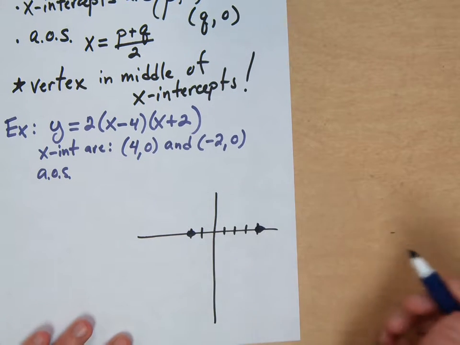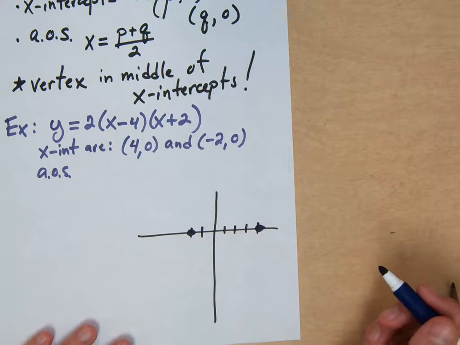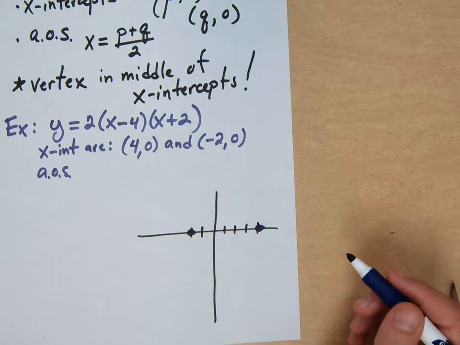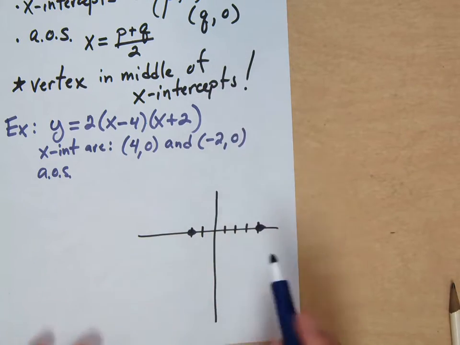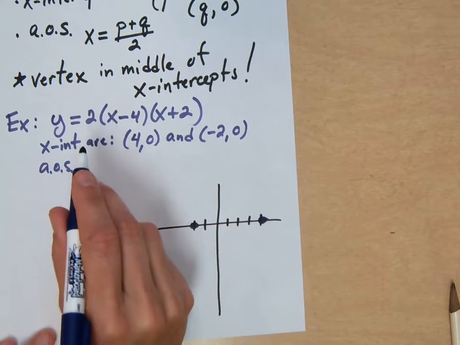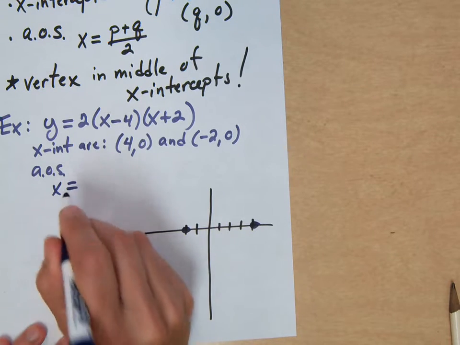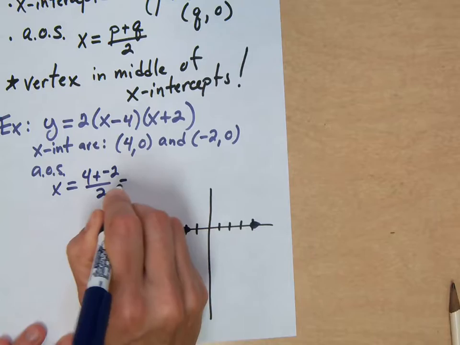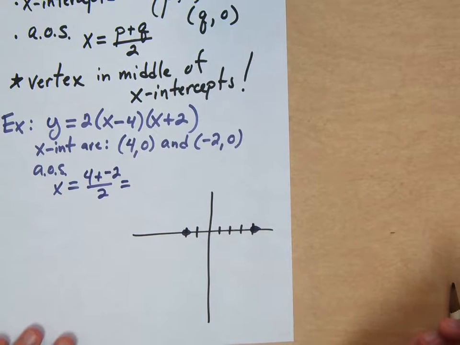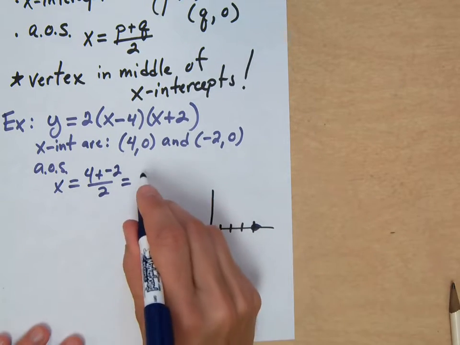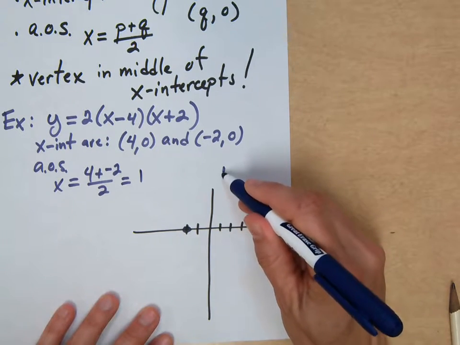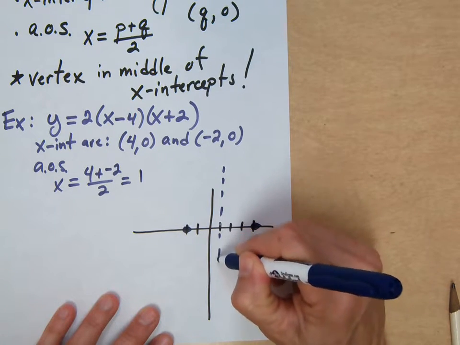There's a point. But how many points do we need for a parabola? 3 will uniquely define it. Good. So the axis of symmetry goes right through the middle. So that is x equals, we take the average, (4 plus negative 2) over 2, which is 1.